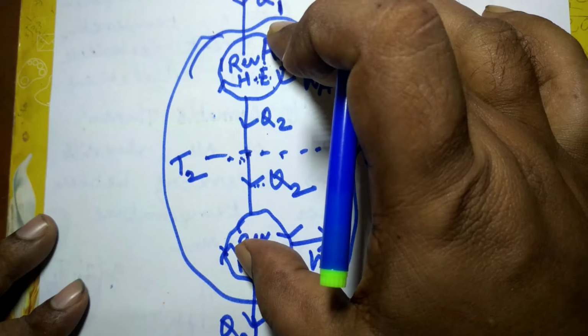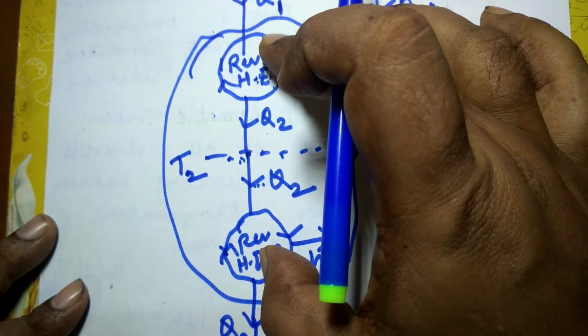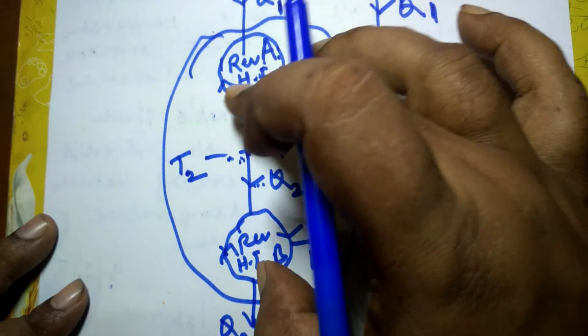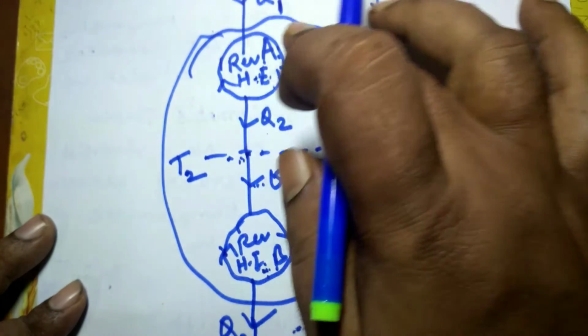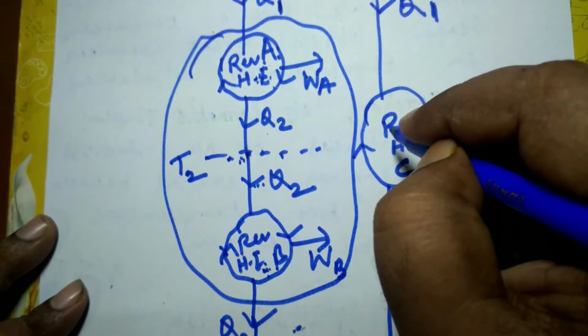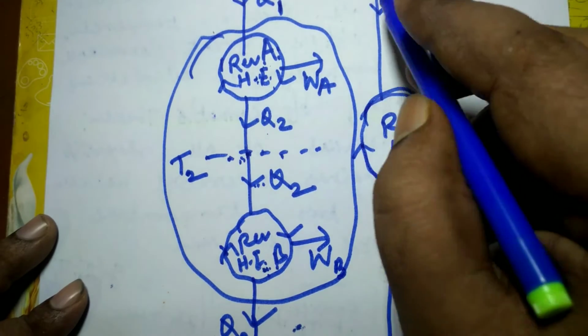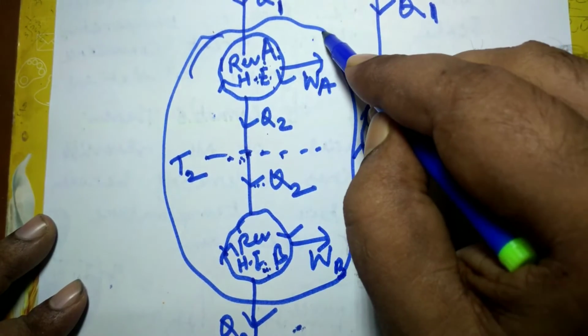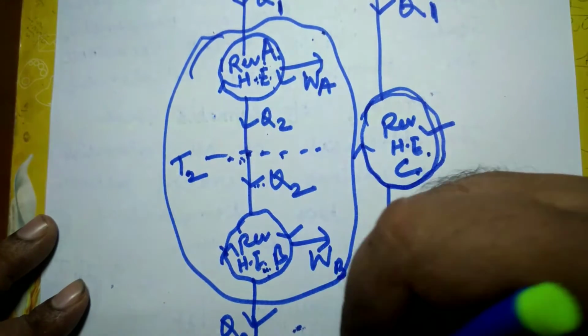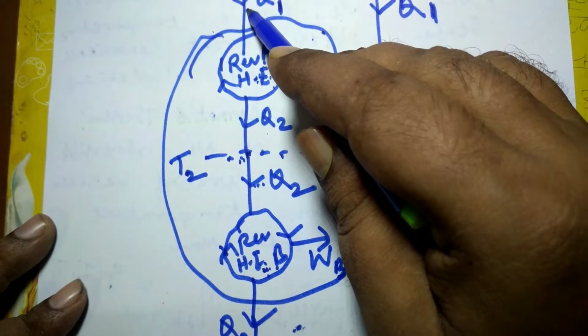If you combine reversible heat engines A and B together, then the efficiency of this combined reversible heat engine will be the same as the efficiency of heat engine C, since the combined engine operates between T1 and T3, and the heat added here is Q1.